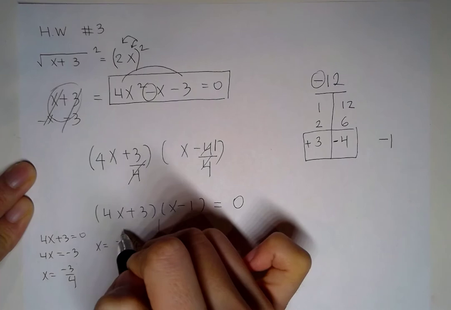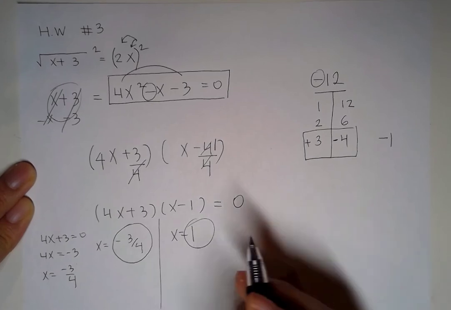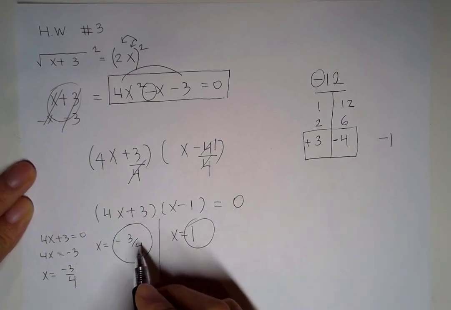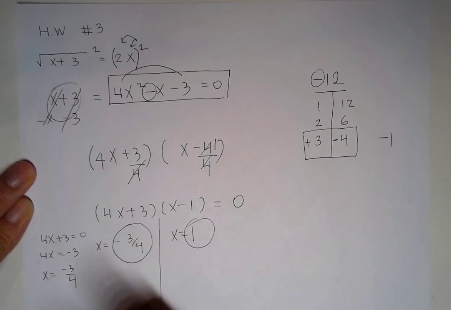So you get 2 different numbers, but we need to check for extraneous solutions, and actually you need to find the extraneous solution, right? So I will put it back into my original equation. So my original equation is square root of x plus 3 equals 2x, right?